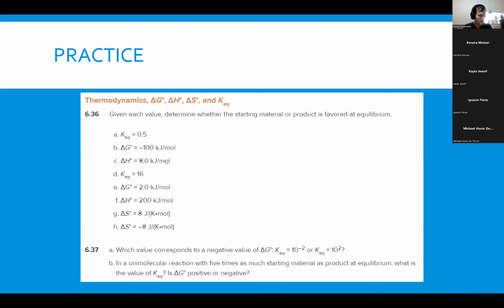Last one we'll do for now is going to be C. What do you guys think? Will it favor the products or the reactants? Finally, controversy. Good, good, good.